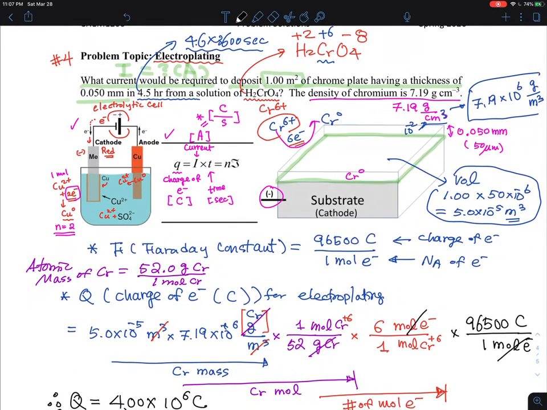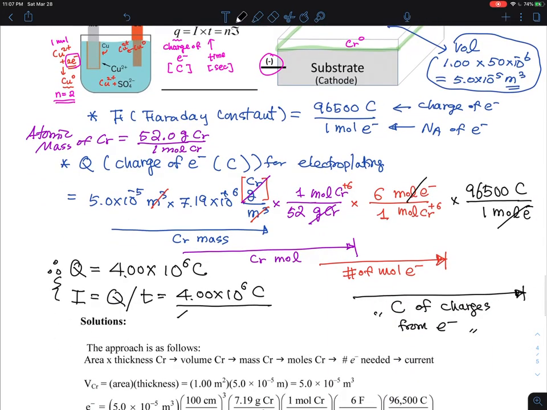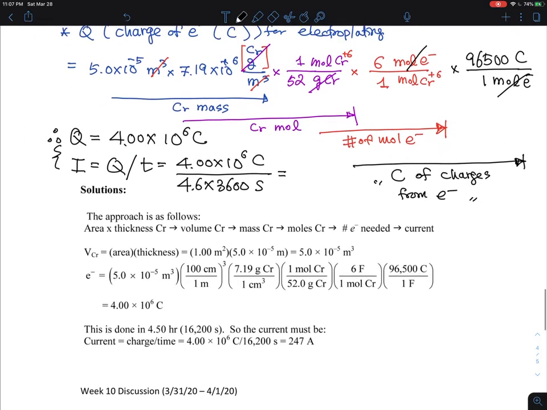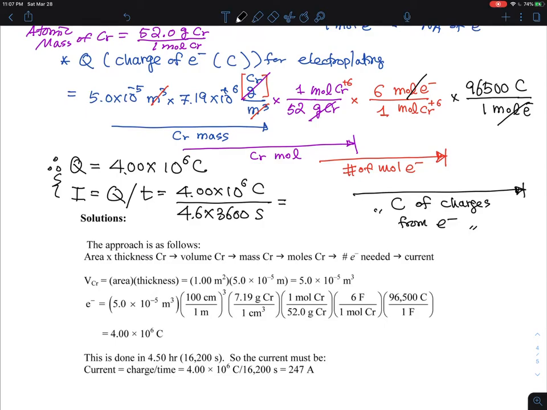That was 4.6 hours, 4.6 hours in seconds, right? And then you will see that becomes 247 amperes, that means 247 coulomb per second, and this answer is right here, right? So that's what current do I need?